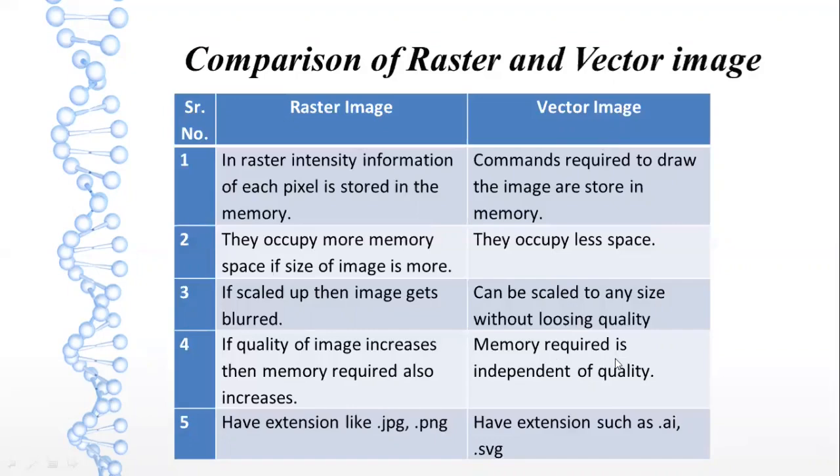If it is a black and white image or if it is a color image, then also it is not going to affect the memory required. Then raster images have extensions like .jpg, .png, and vector images have extensions like .ai, .svg. So this is all about the comparison between raster and vector image.